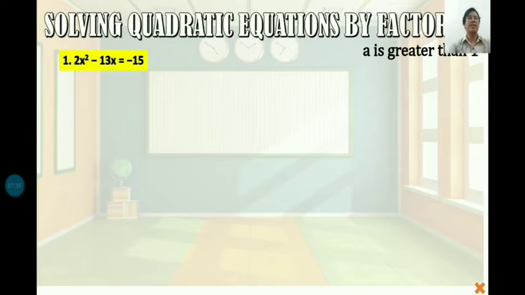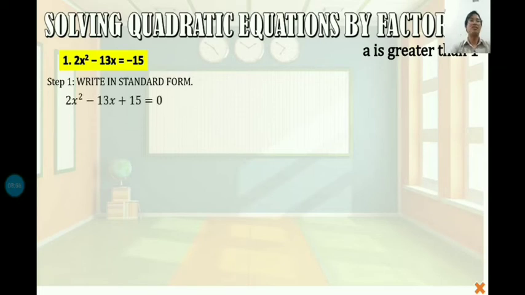I will repeat. For our first example, 2x squared minus 13x equals negative 15. First step is to write the equation in standard form. Standard form is ax squared plus bx plus c equals 0.